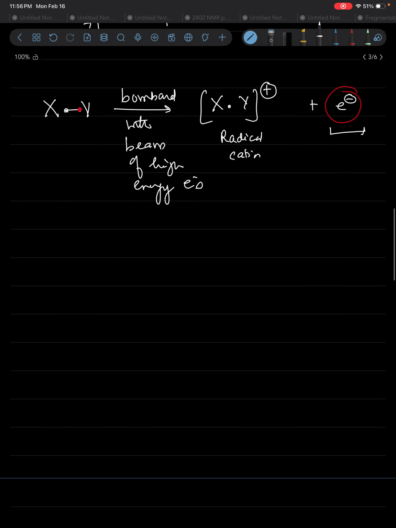Now I also want to highlight that this radical cation is not very stable, and it can undergo further fragmentation to produce more cations.